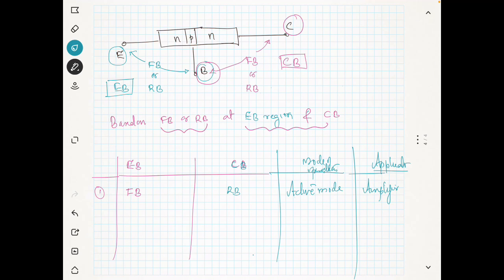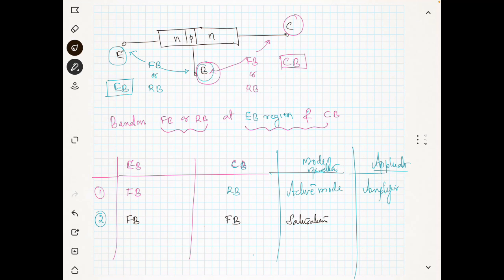Now the second region: suppose the emitter base region is forward biased and the collector base region is also forward biased, both are forward biased. Then we call this the saturation mode.